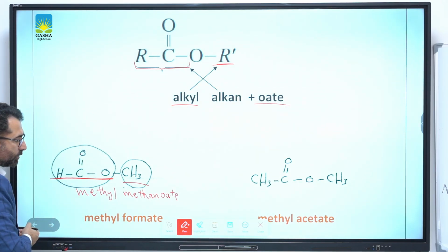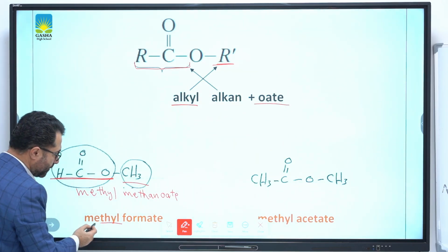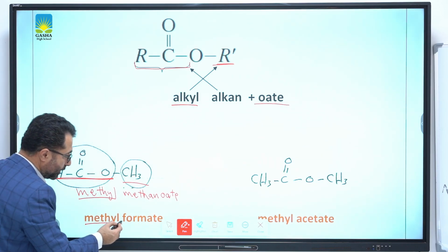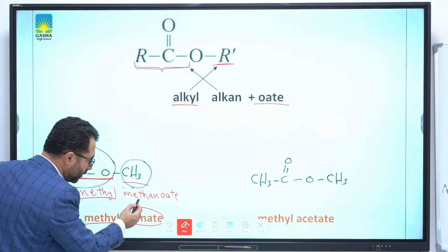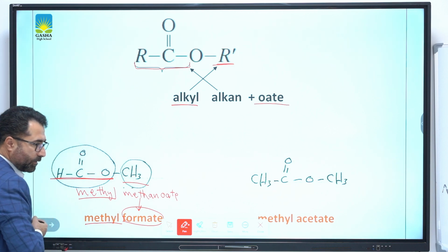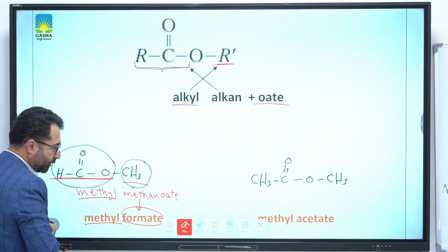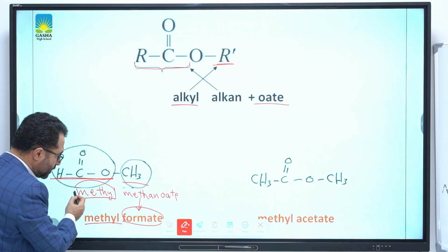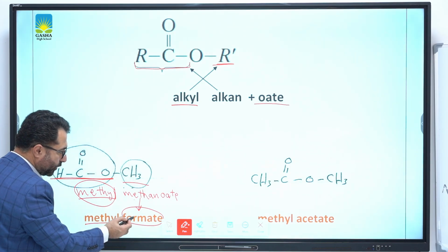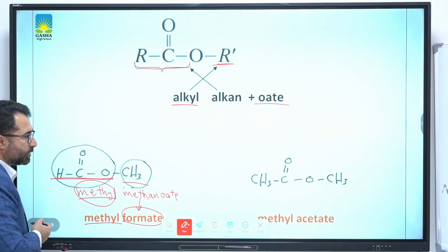It's methanoate. The common name of methanoate is formate. We can't change the methyl, but methanoate is always formate.